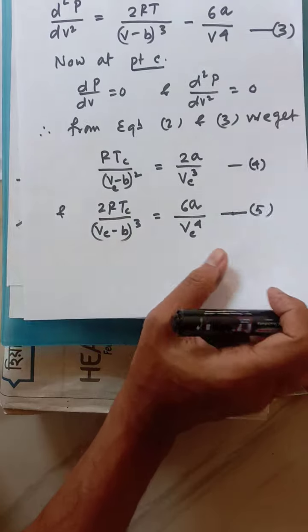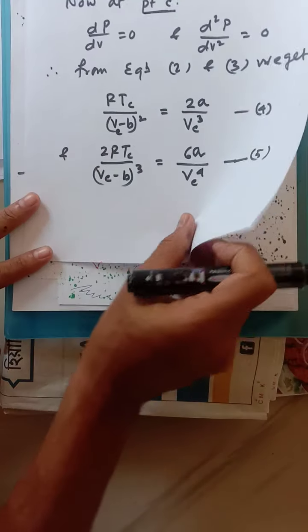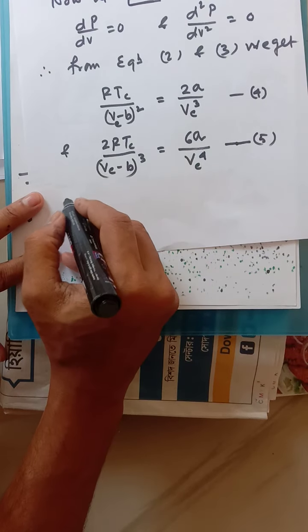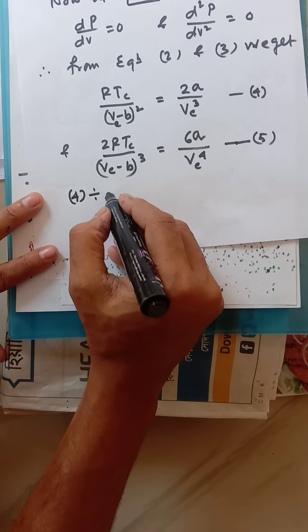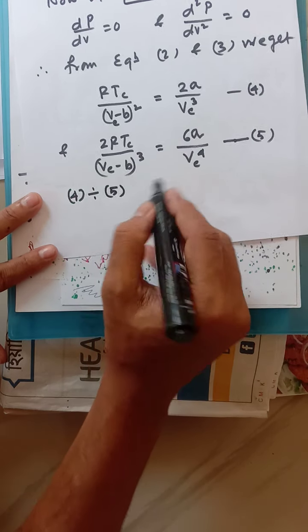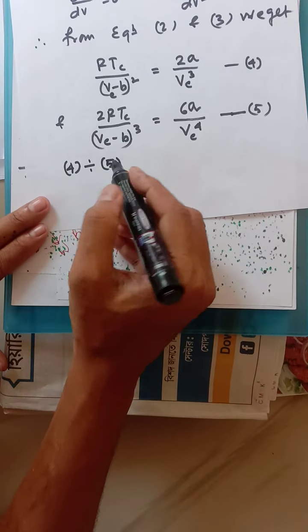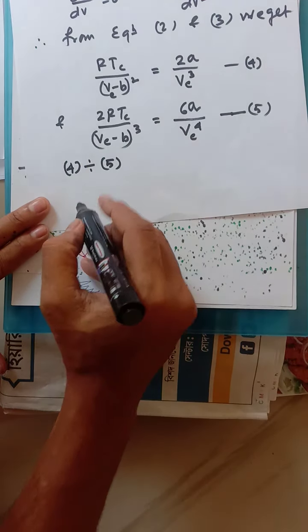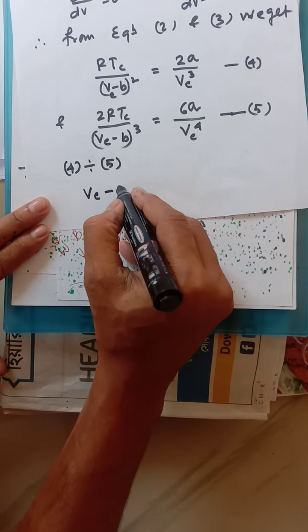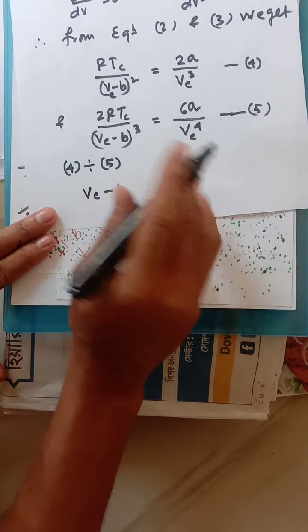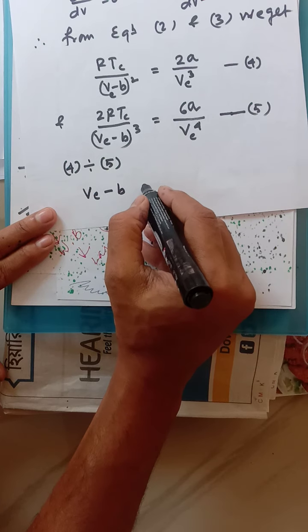Now if we divide equation number 4 by equation number 5, what we are getting? That means by dividing this one we are getting VC. Very simple mathematics it is, no chemistry over here, simple mathematical operation.